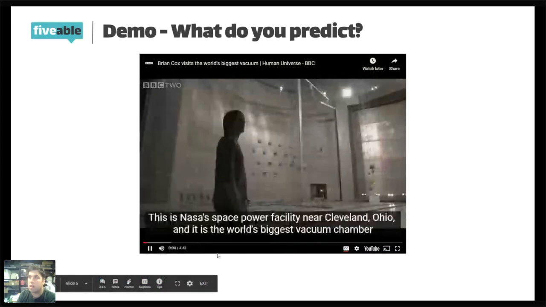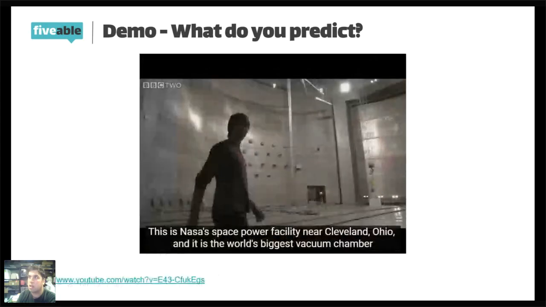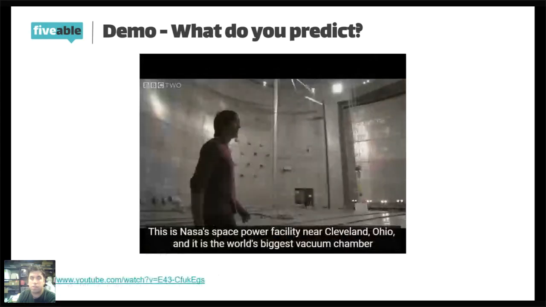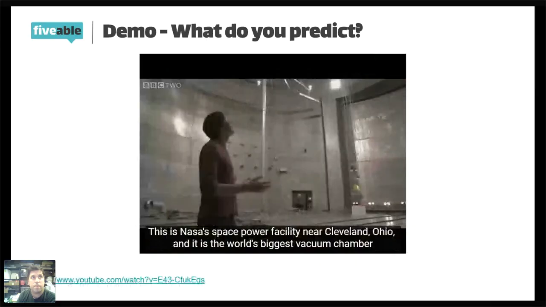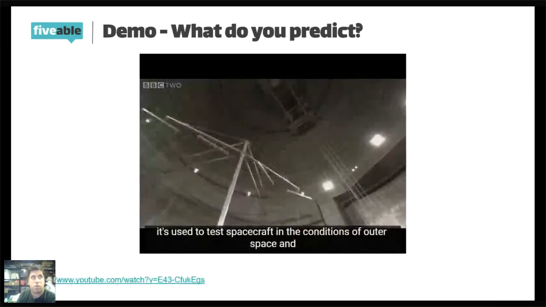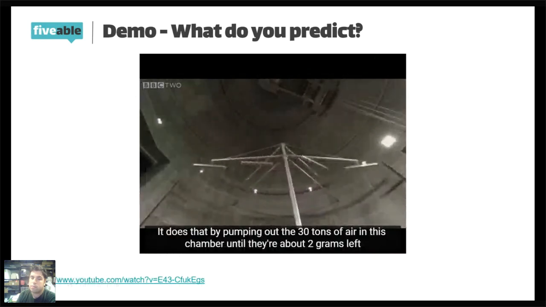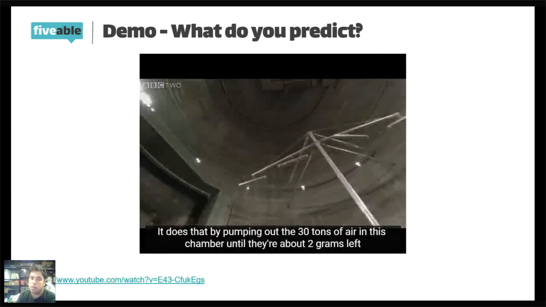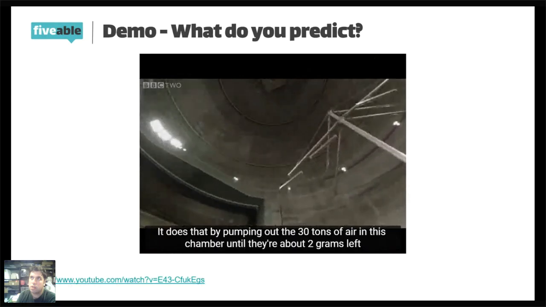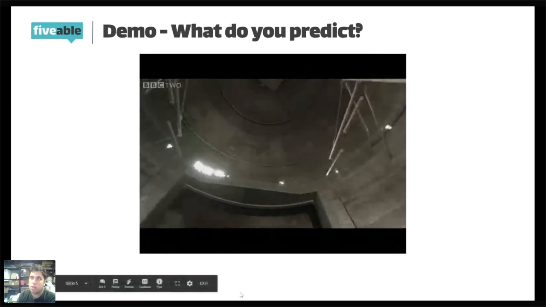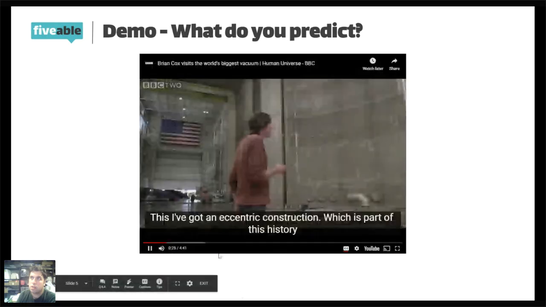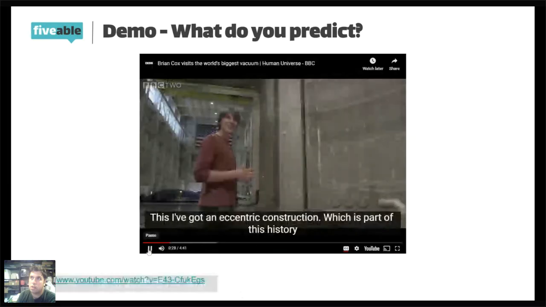This is NASA's Space Power Facility near Cleveland, Ohio, and it is the world's biggest vacuum chamber. It's used to test spacecraft in the conditions of outer space, and it does that by pumping out 30 tons of air in this chamber until there are about 2 grams left. And it's got an eccentric construction, which is part of its history.